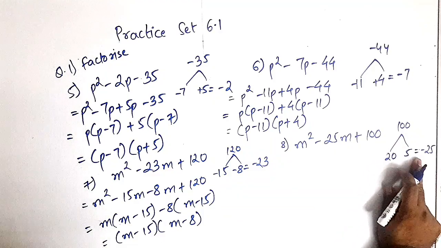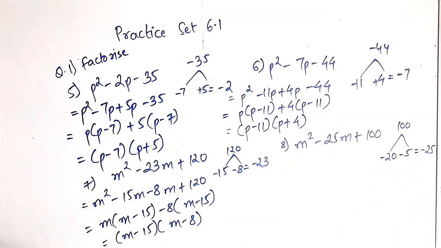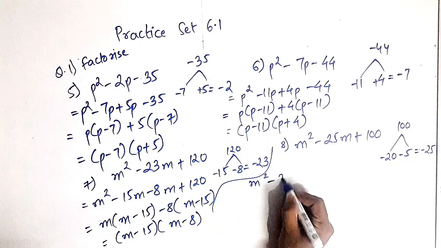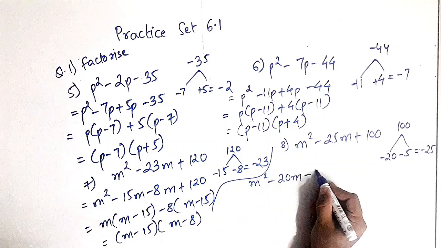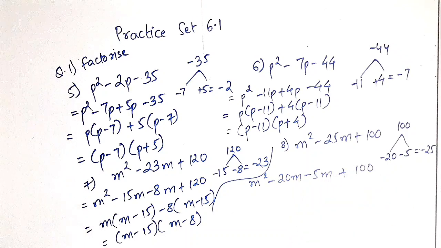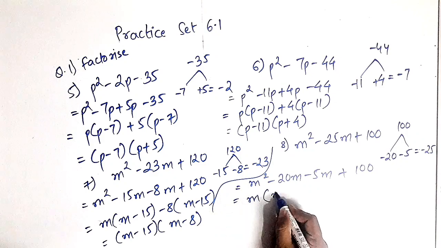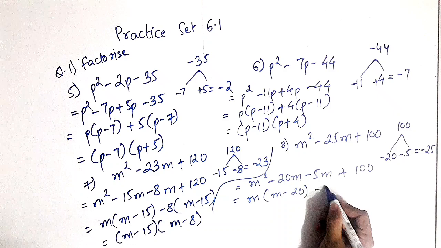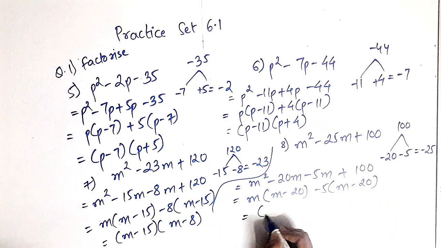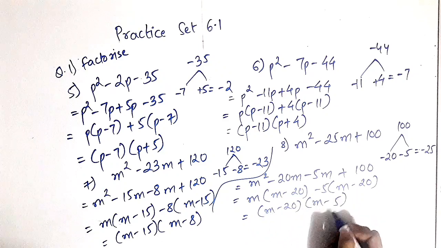And how will I get minus 25? Minus 20 minus 5. So how will I solve this? M square minus 20m minus 5m plus 100. So this will be m common, m minus 20; minus 5 common, m minus 20. So m minus 20, m minus 5.